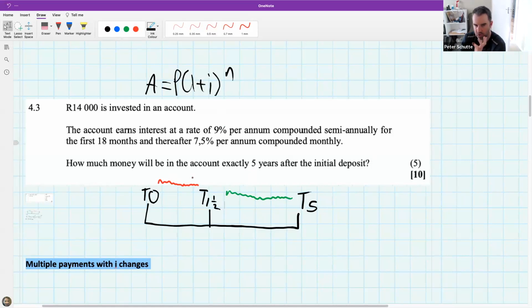I want you to think about what you think the interest rates are going to be where the red squiggle is, and what you think the interest rate is going to be where the green squiggle is.